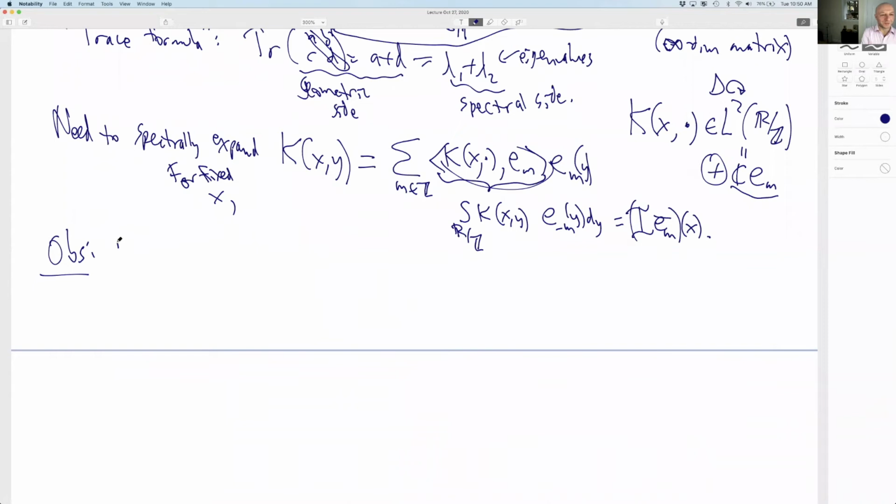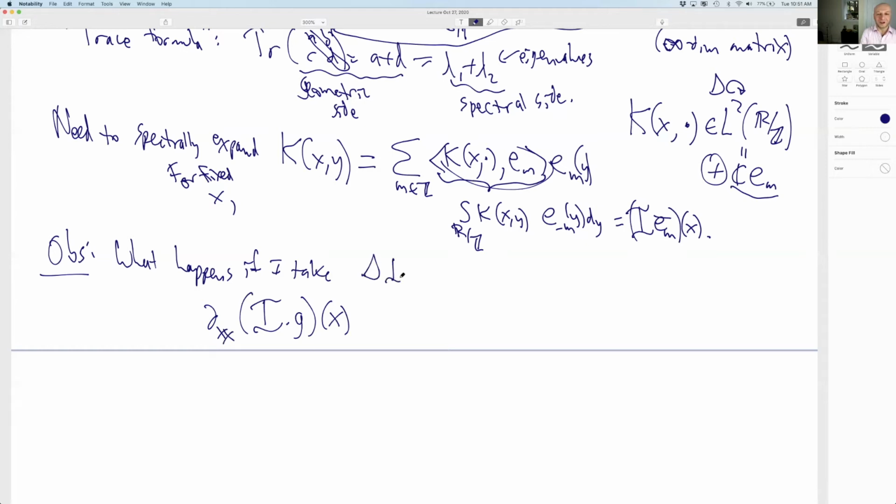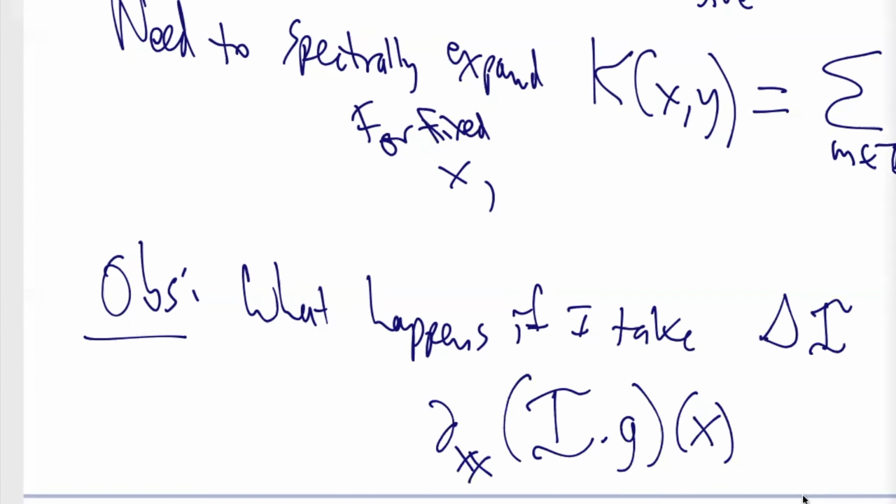What happens if I take an integral operator on G, a function of x, right, and we differentiate twice in x? So I'm taking the Laplacian of the integral operator. I have one linear operator, and then I follow it up with another linear operator.